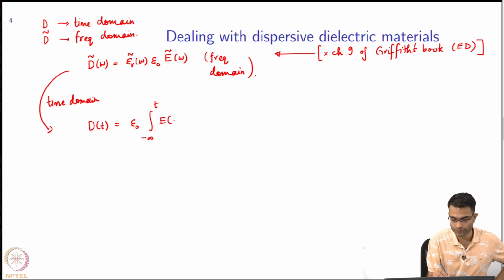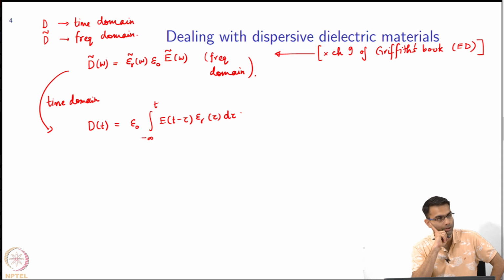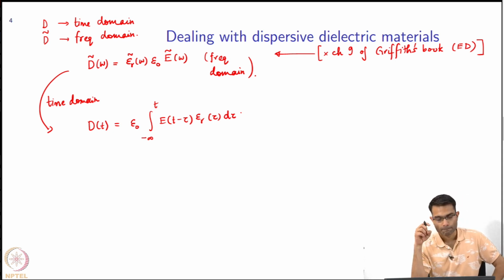I have E of t minus tau, epsilon r of tau, d tau. Okay. This is simple signals and systems. Well, we will keep it at t.